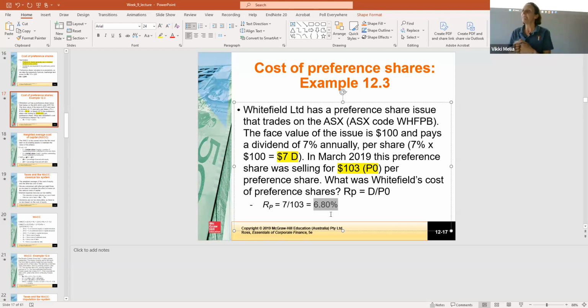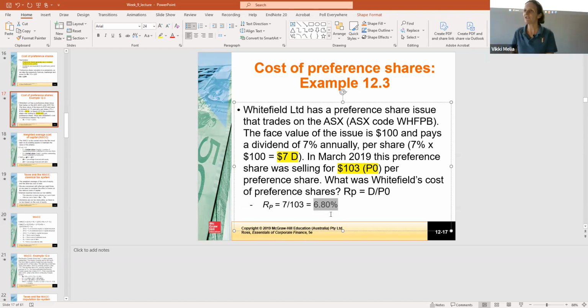So we've looked at measuring the cost of ordinary shares. That was what we looked at first. There are two methods that we can use to measure the cost of ordinary shares: the dividend growth model, or we can use the CAPM equation to measure the cost of equity. What was the limitation with using the dividend growth model?